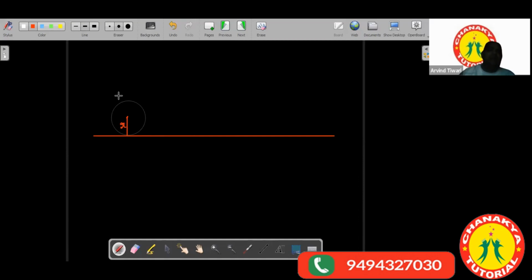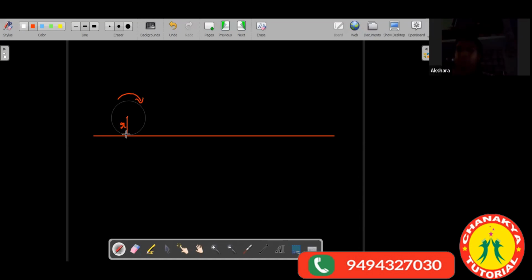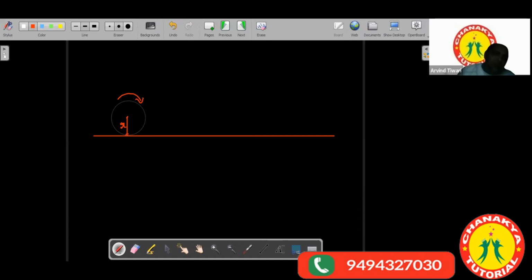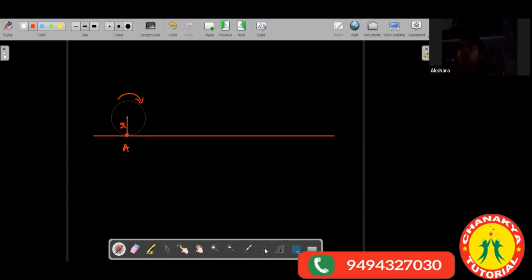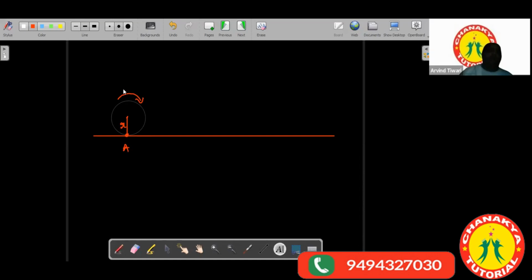It is rotated something like this. You have to find the distance and displacement of the point of contact, that means of this point after one revolution. So your question is here.